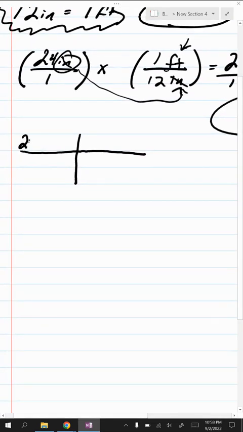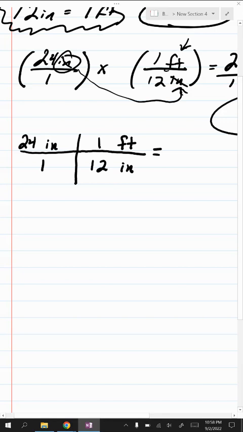Let's take our given 24 inches for the unit, and we're going to put it over 1. I want it to be in feet, so I'm going to put feet on top. And I want to cancel out inches, so I'm going to put inches here. Now, I know the conversion is that there are 12 inches to 1 foot.